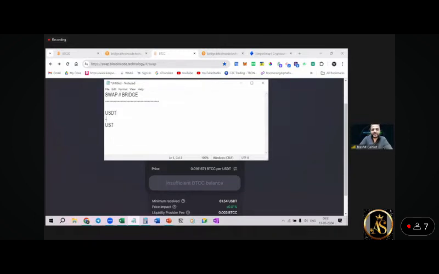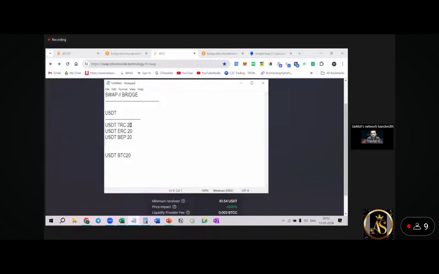There is USDT TRC20, then USDT ERC20, then USDT BEP20, and we also have our own USDT, I'm sorry, BTC20, right?